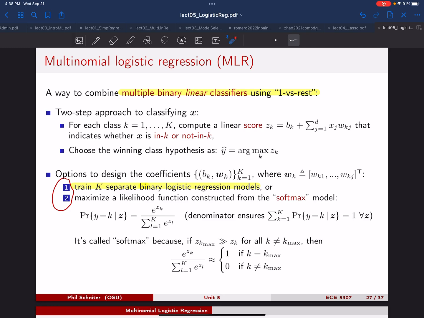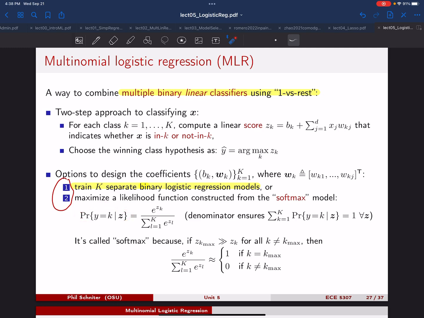You can say that the reason we need this denominator is that when you sum this over the different possibilities k, it must sum to 1, because there are capital K different possibilities, and so when you sum across all the possibilities, the total probability must be 1. So that's essentially what this is doing for us. The important part is really the denominator. You're taking these scores and exponentiating them, and then you're normalizing to get a valid PMF.